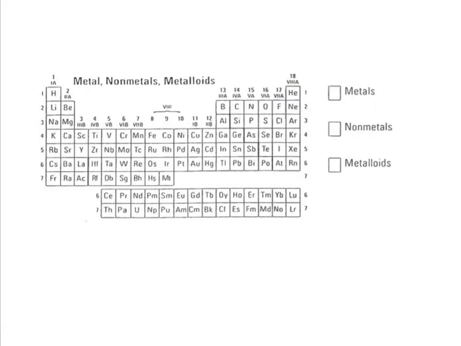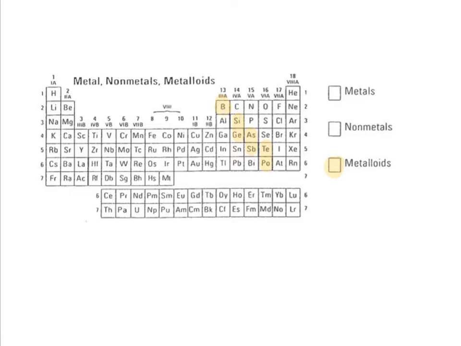Okay, it's really important that you understand where the metalloids, metals, and nonmetals are on the periodic table. So the easiest thing to do is to do the metalloids first. Let's start with boron. Boron's a metalloid, then silicon, germanium, arsenic, antimony, tellurium, and polonium. So these are the metalloids.